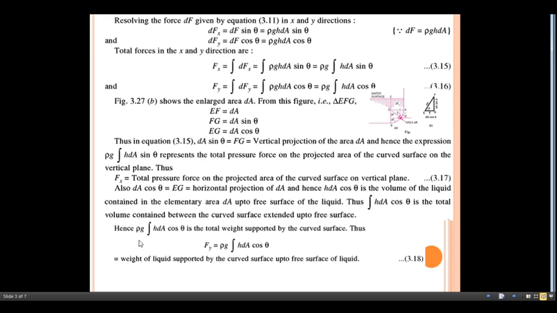Hence this term ρg into the integration of h dA into cos of theta is the total weight supported by the curved surface. Thus this Fy is nothing but ρg into the integration of h dA into cos of theta. This must be equal to the weight of the liquid supported by the curved surface up to the free surface of the liquid.